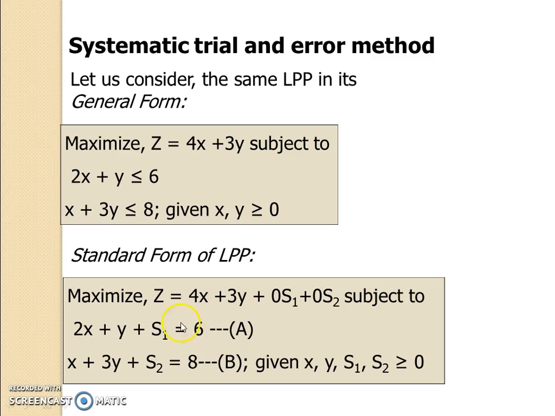The basic variable is one which has a positive 1 coefficient in one of the equations and is not present in the other equation. So we have S1 and S2 as the basic variables in these two equations. We can write an expression for S1 by using equation A. Similarly, an expression can be written for S2 by using equation B.